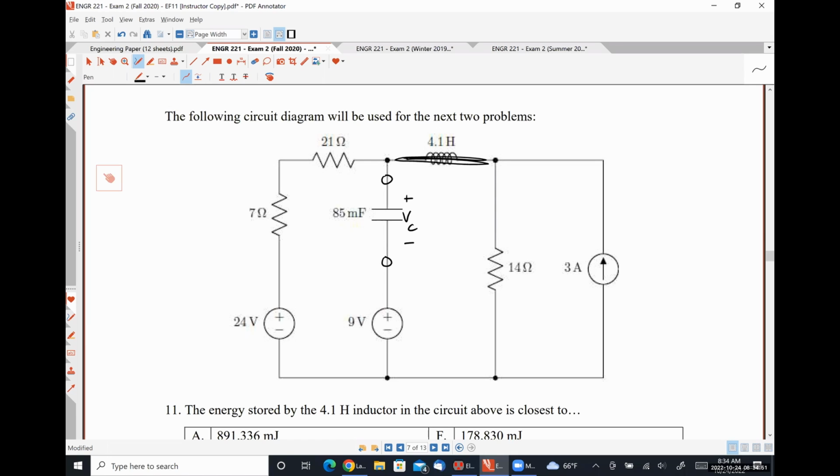I'm trying to think of if I can use effectively laziness to get the answer. I believe the short answer is yes. I'm just trying to figure out how to do it, and whether or not I want to bother doing a source transformation over there on the right-hand side.